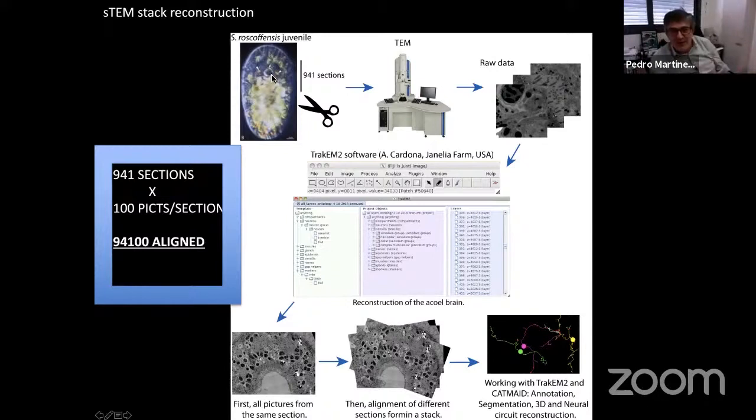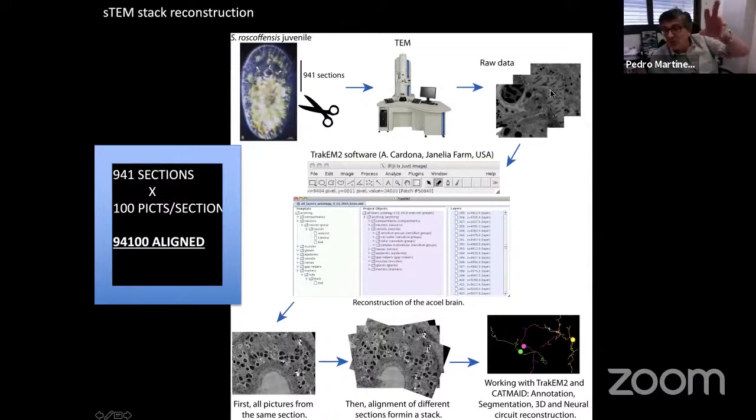We've done about 1,000 transversal sections, taking about 100 pictures per section, so you get enough resolution.